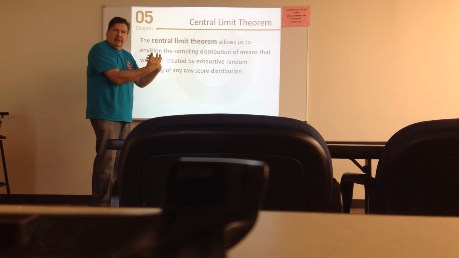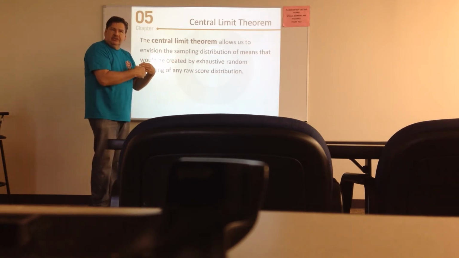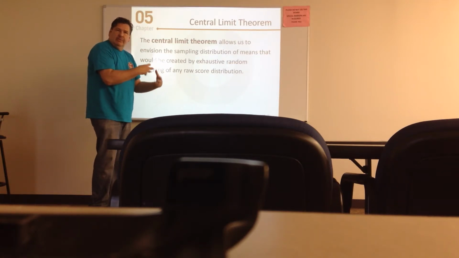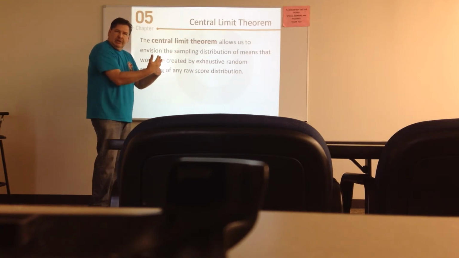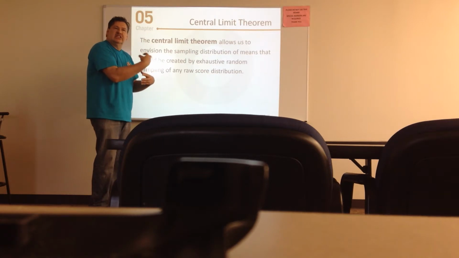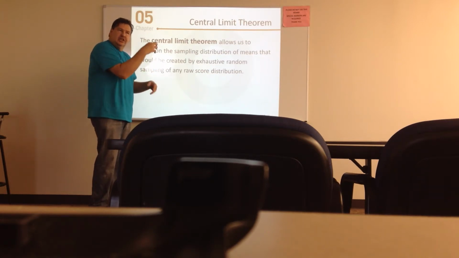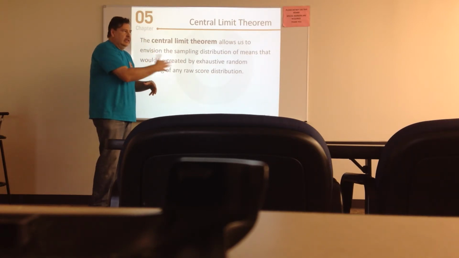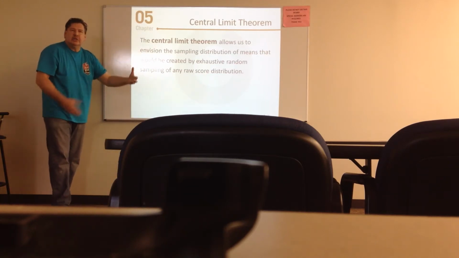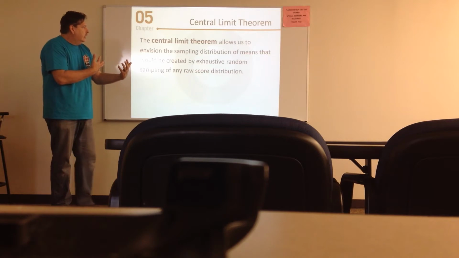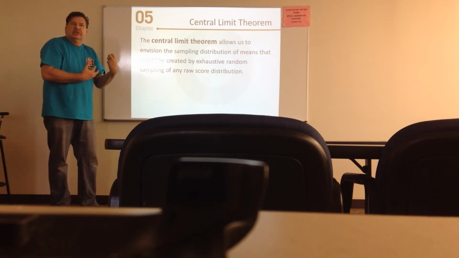Well, if I draw a sample, if it's plus or minus 2 standard deviations from the mean, there's a 95% chance that I'm going to catch the true sample in that area. And then if I come in closer, plus and minus 1 standard deviation, there's a 68% chance that I'm going to catch the true sample mean in that distribution. So the more sampling I do, I will find out that I'm catching the true sample mean.